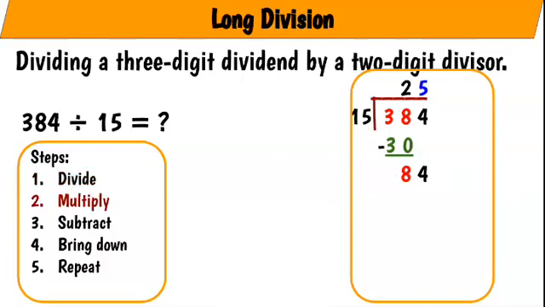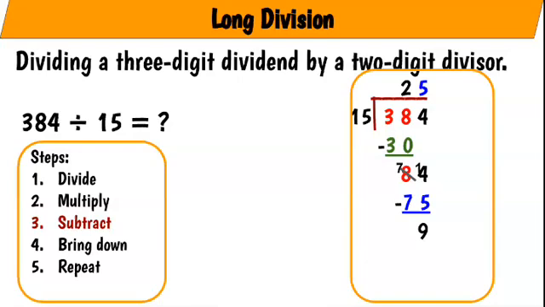Since we got our group 5, now we're going to multiply that 5 by our divisor 15. So we multiplied 5 by 15, we got 75. So let's move on to our next step, which would be to subtract. So now we need to subtract that 75 from 84. When we subtract, we got 9.